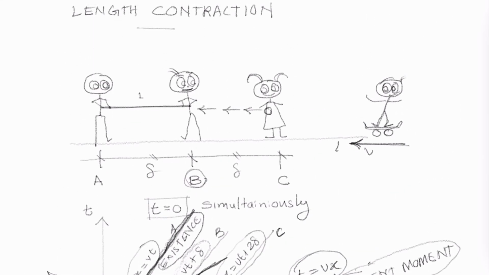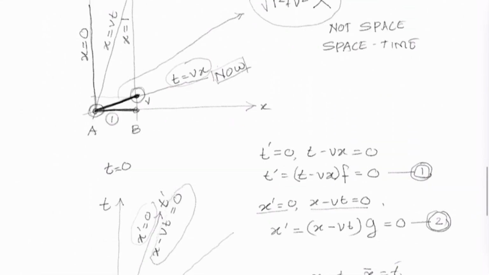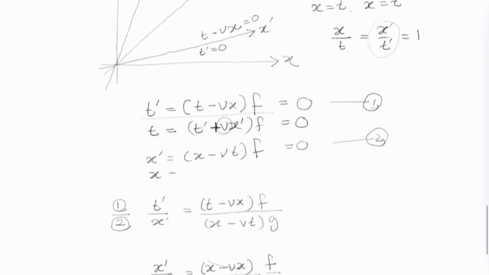In relation to you, I am moving north, this direction. In relation to me, you are moving south, this direction. Therefore, in relation to me, v becomes minus v. So t equals f times t bar plus Vx bar, and x equals f times x bar plus Vt bar.